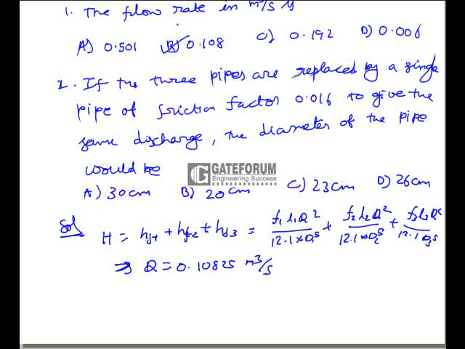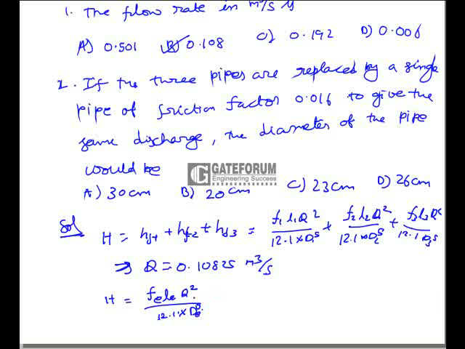Coming to the second question, if these three pipes are replaced by a single pipe of friction factor 0.016, the diameter of the pipe would be. If it is replaced by a single pipe, then we have an equivalent length and an equivalent diameter, let us say DE, whole power of 5.